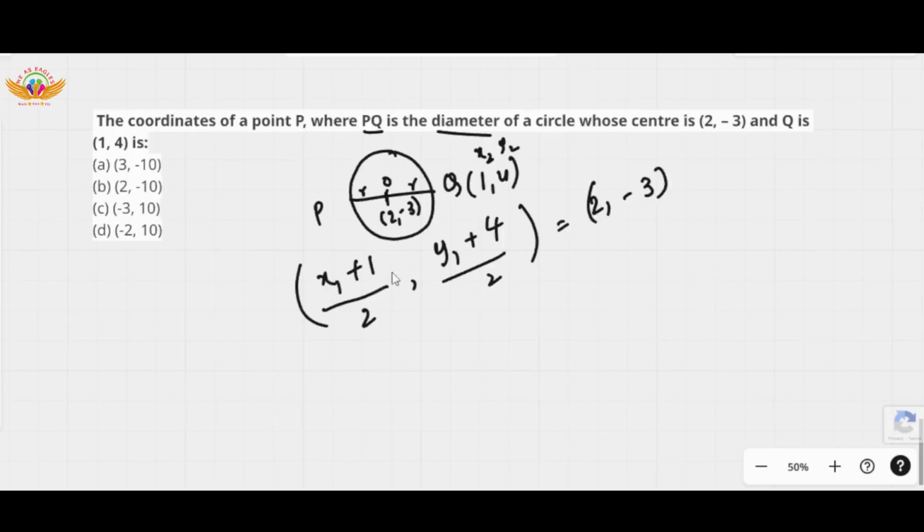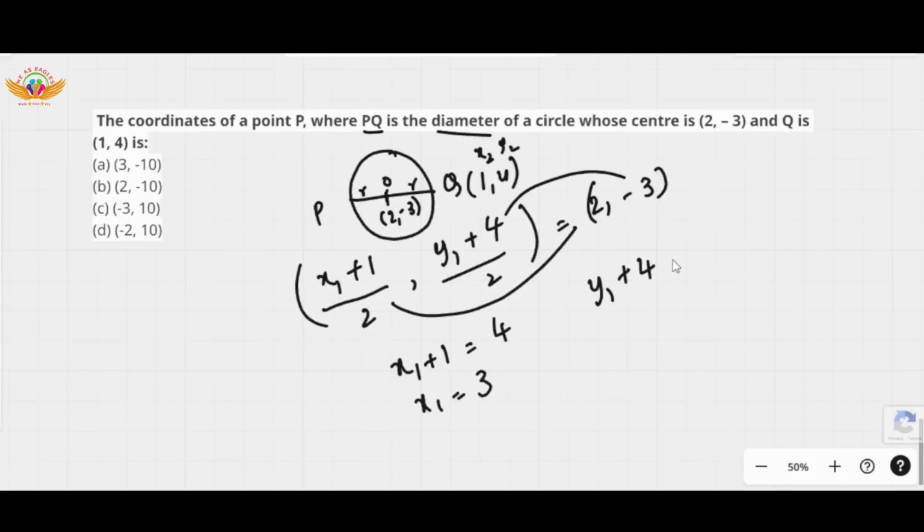So just equate this to this and this to this. x1 plus 1 by 2 is equal to 2, so x1 plus 1 will be equal to 2 into 2, that is 4, and x1 will be equal to 4 minus 1, 3. And y1 plus 4 is equal to minus 6, and y1 will be equal to minus 10. So 3 comma minus 10 will be the answer.